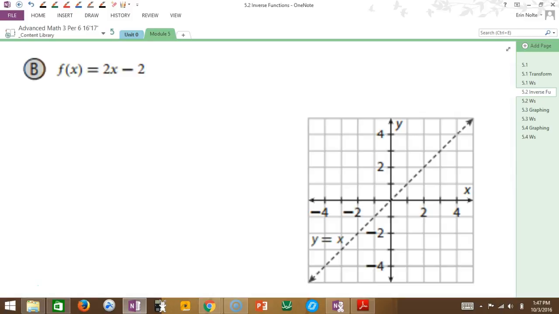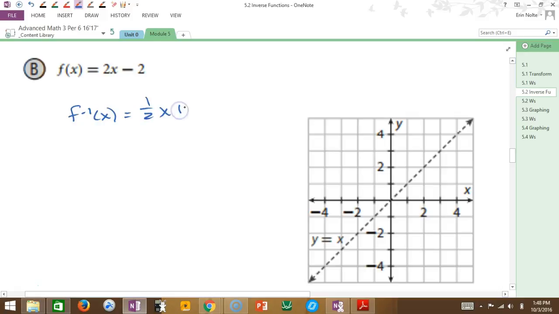Nope, don't graph it, just tell me what it is. What's the inverse? See if you got this. What do you do? What? 1/2 x what?